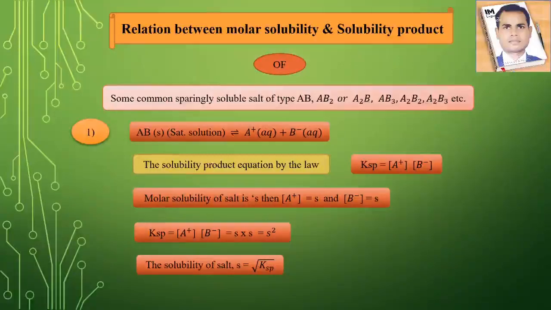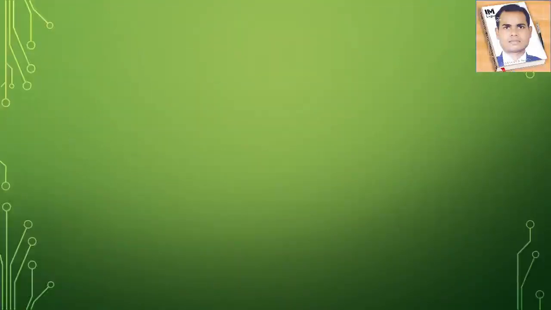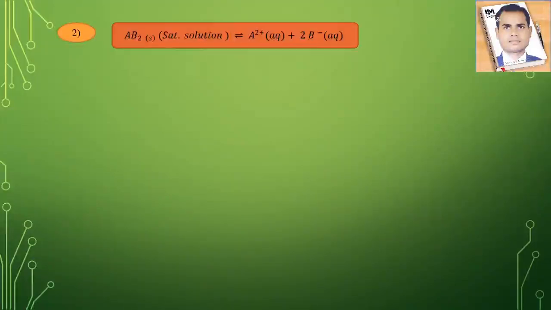Now we have to see the second type of salt, that is AB2, or we can call it A2B. You will see the dissociation for this type of salt: A2 plus in aqueous form plus 2B minus. If you take A2 molecules and B1, you will get 2A and 1B, so you have to dissociate in this way.